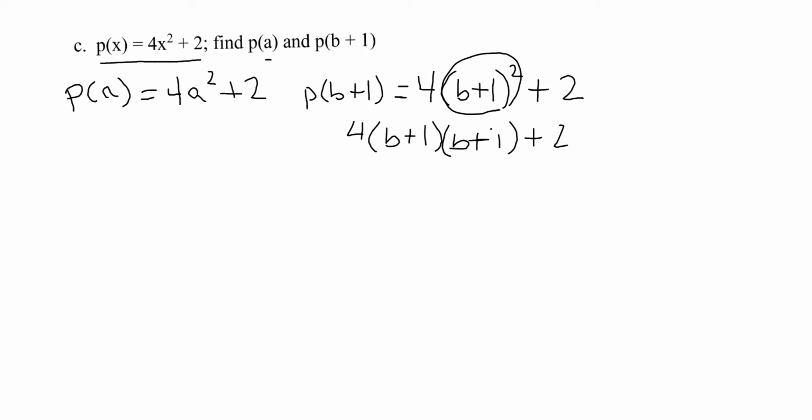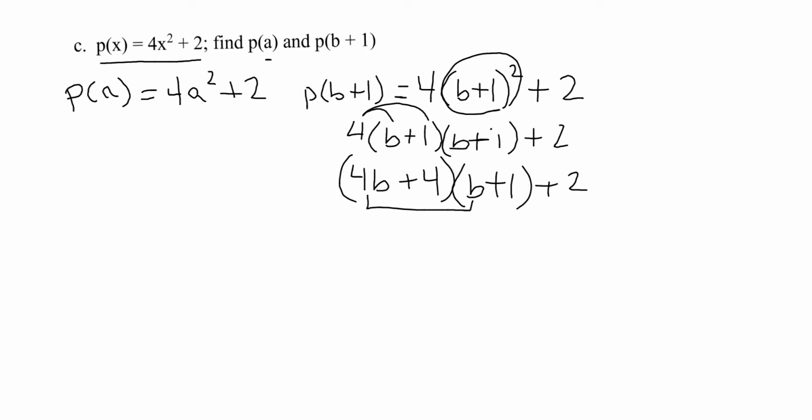What I'm going to do to make it a little easier is I'm going to distribute the 4 to the first set of parentheses. So I'll have 4b plus 4 times b plus 1 plus 2, and then we'll FOIL. So 4b times b will give me 4b squared. 4b times 1 will be plus 4b.